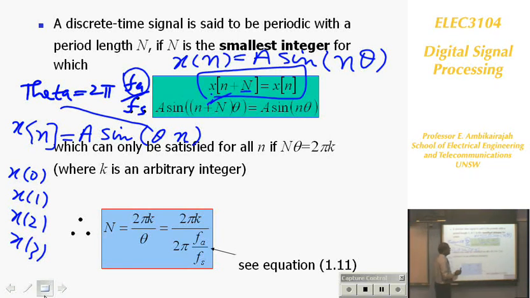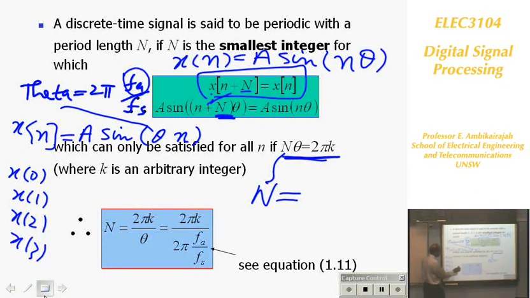What does that mean? It means that N theta is equal to 2 pi k, where k is a number. So I can find the period N by dividing 2 pi k over theta, which is 2 pi k over 2 pi fa over fs.